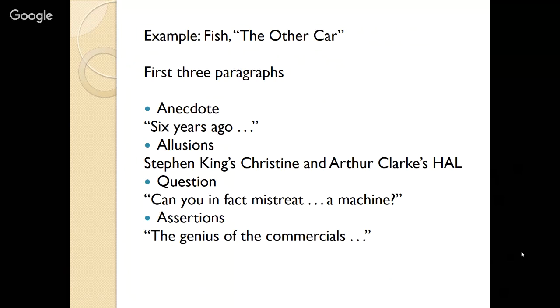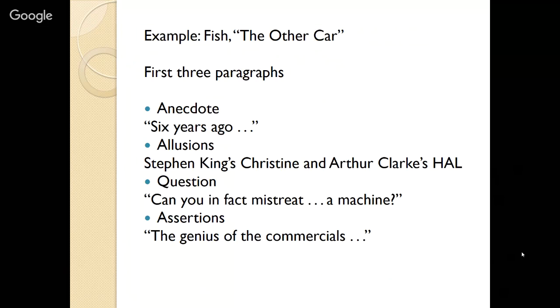So that helps to humanize the experience and make it more relatable. And so his first paragraph is an anecdote. He begins with that in order to connect with the reader on an emotional level in a way that the reader can relate to. And then he uses allusions in his introduction.